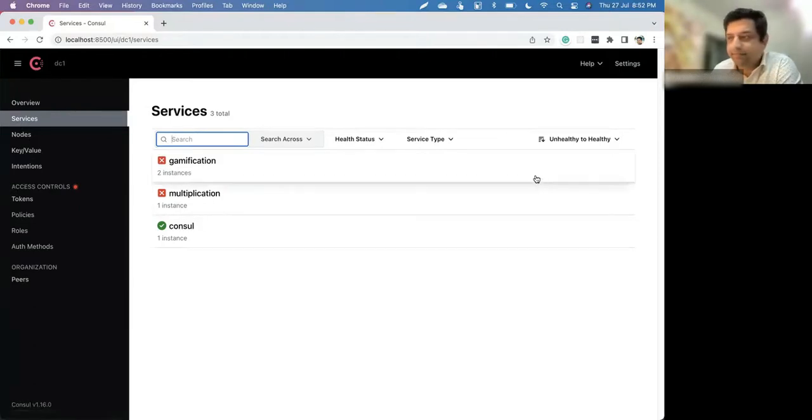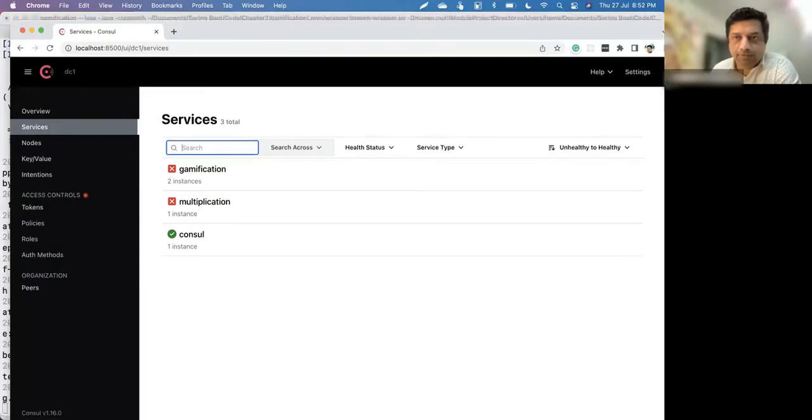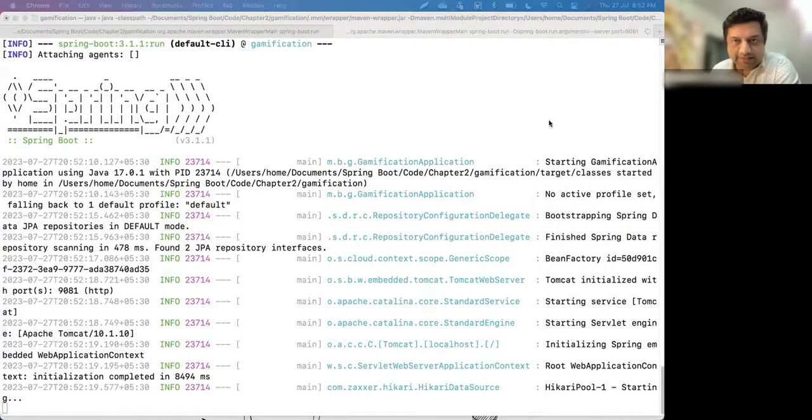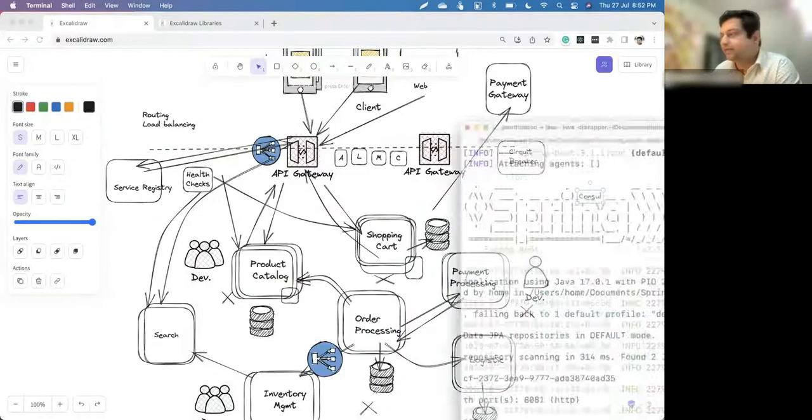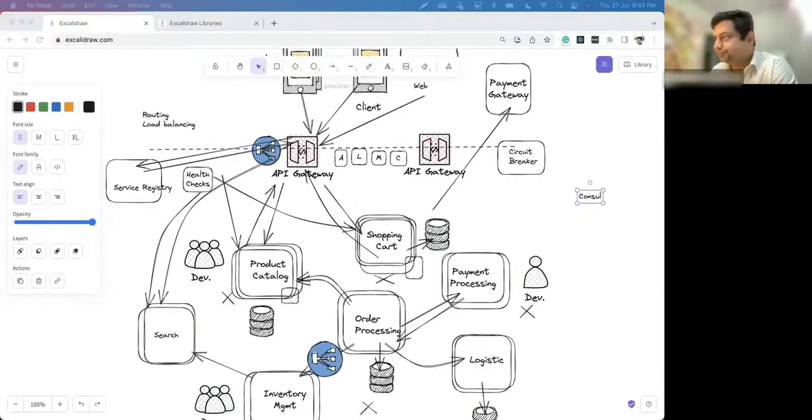And then in the same way, I may also run the other service. So it will update itself once the service is up and running. So let me see what is the status in this service.